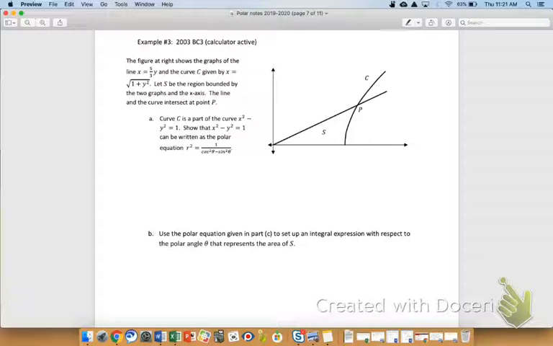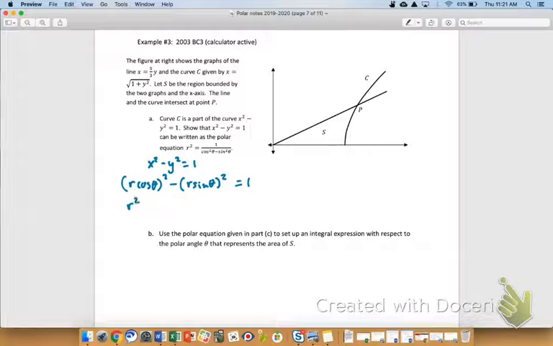Hey, can I show you guys A real quick? Let's just make sure we're on the same page with A. A is a substitution. You start off with x squared minus y squared equals 1. And we know that x is equal to r cosine theta, and y is equal to r sine theta. So this would be r cosine theta quantity squared minus r sine theta quantity squared equals 1.